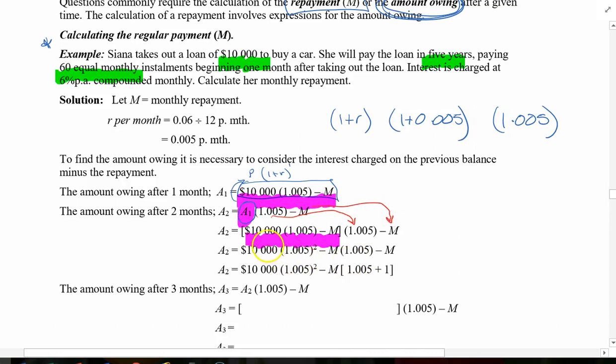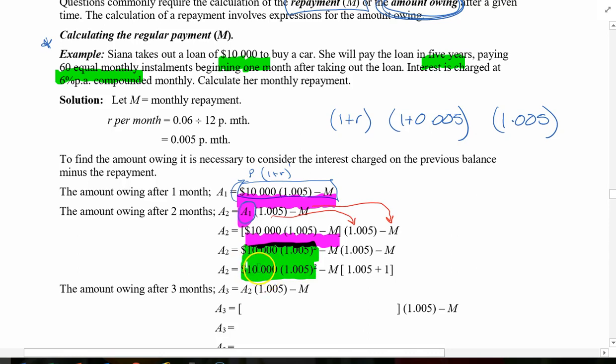Now, you can see that I have multiplied the square bracket by the 1.005 to get this amount. You can see, hopefully, then I've taken this and I'm keeping it. Whoops, I'm keeping that. And that's sitting here. Why?